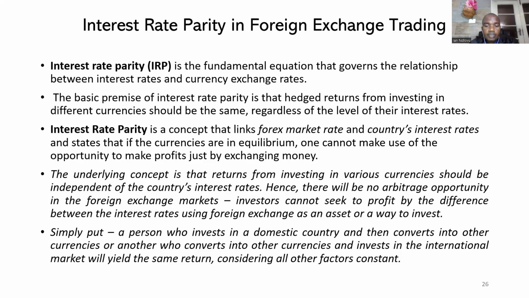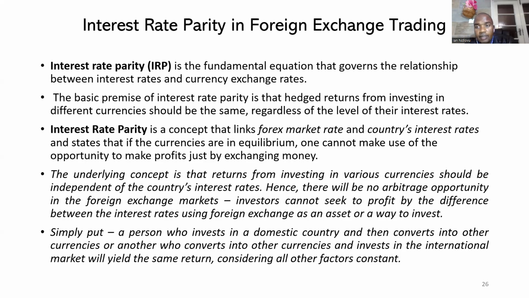which simply implies that investors cannot seek to profit by the difference between interest rates using foreign exchange as an asset or a way to invest. So if interest rate parity holds, there's no opportunity to make arbitrage profits in foreign exchange markets.